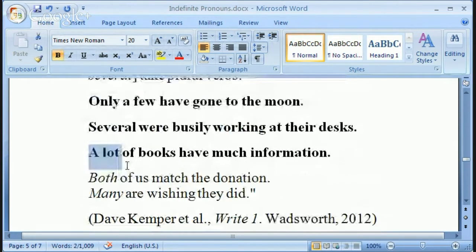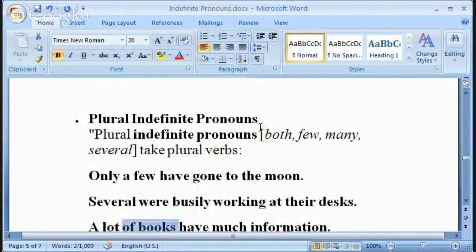Well, no, I guess a lot of books. I guess a lot has to be plural, right? Several books. We have a preposition here. A lot have much information. I guess this is a prepositional phrase, even though it's not on our list here.